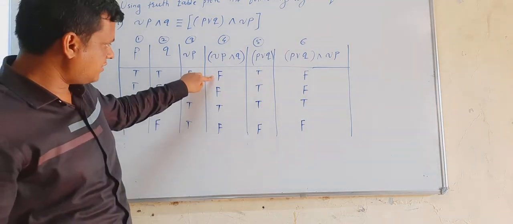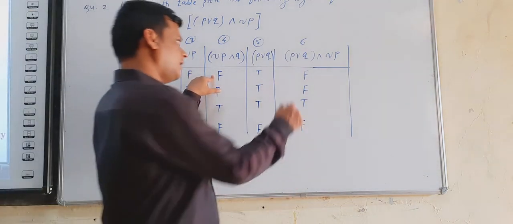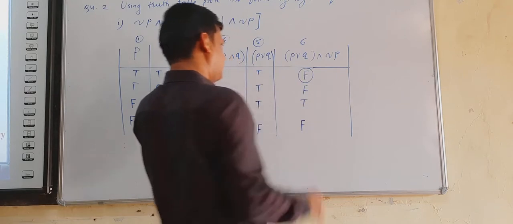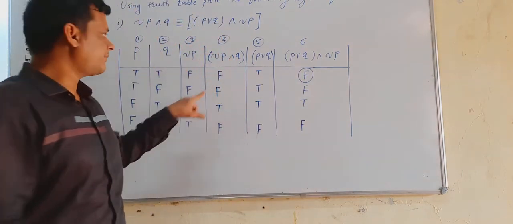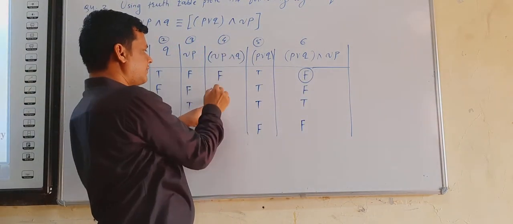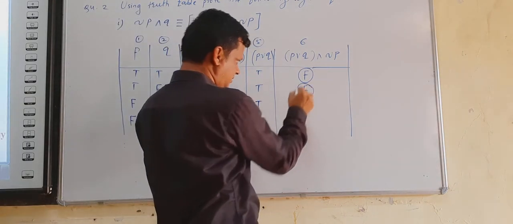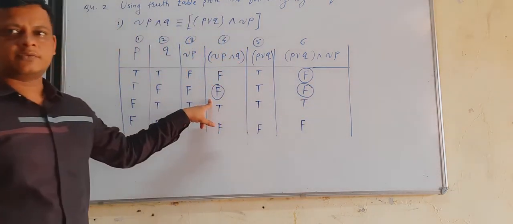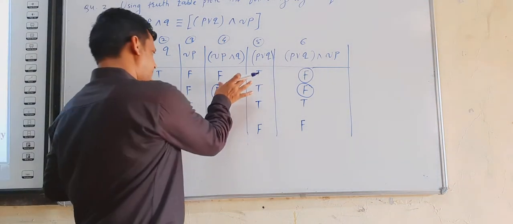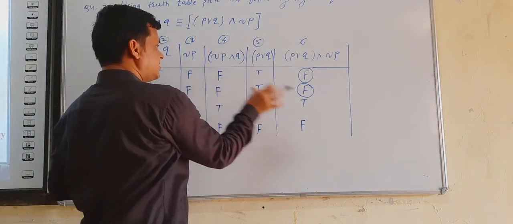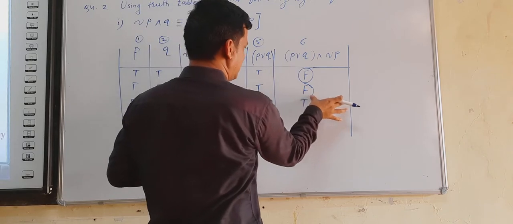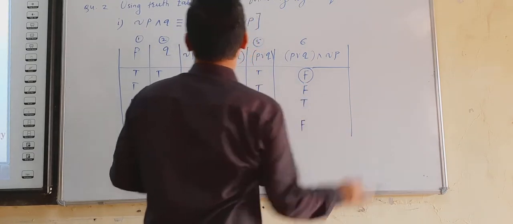Here the first truth value in column 4 is F, and in column 6 the first truth value is F. In column 4 the second truth value is F, and in column 6 the second truth value is also F. So from columns 4 and 6, we can say that the given statements are equivalent.